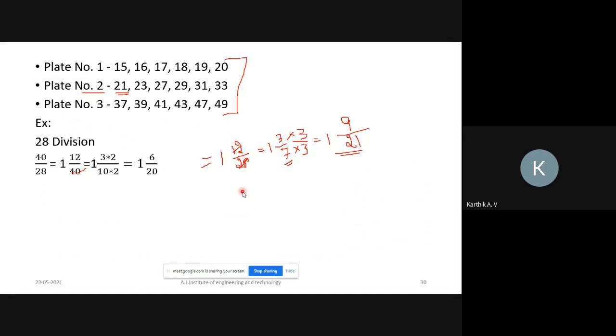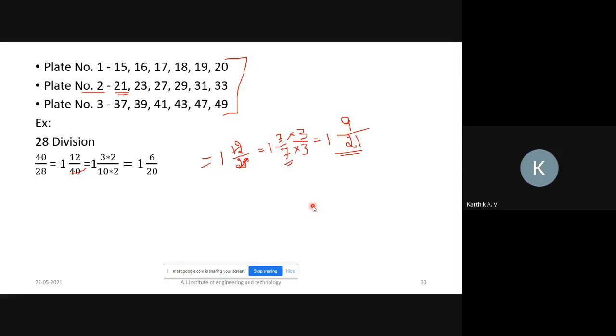So 32 ones are 32. Next, 40 minus 32 is how much? 8. 8 divided by 32. 8 ones are 8, and 8 fours are 32. So 1 into 1 by 4.